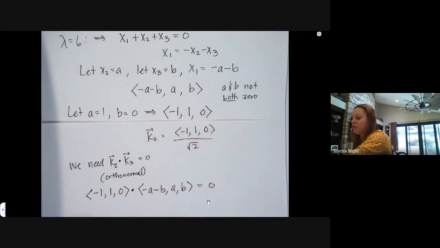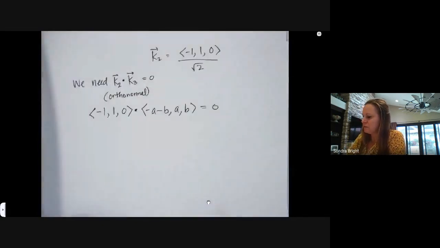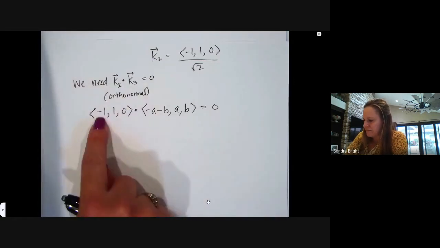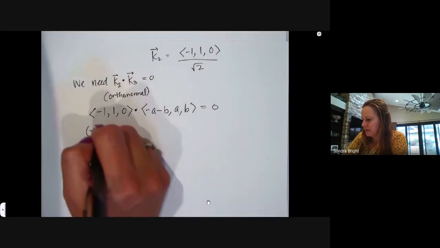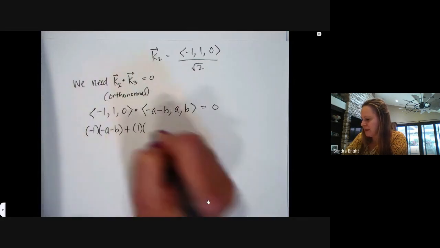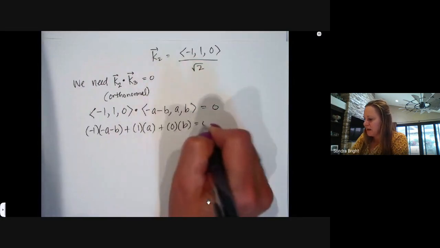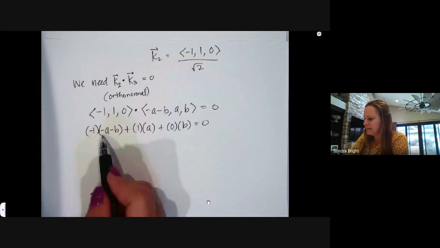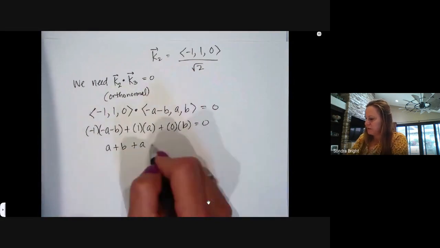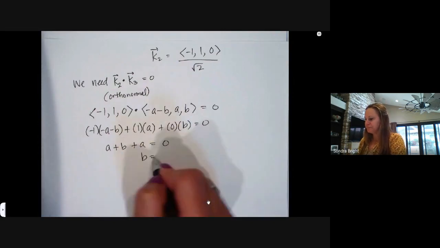To get another orthonormal vector, the dot product is multiply negative 1 times the first entry, plus 1 times a, plus 0 times b. That gives me a plus b plus a plus 0 equals 0, which means b is equal to negative 2a.